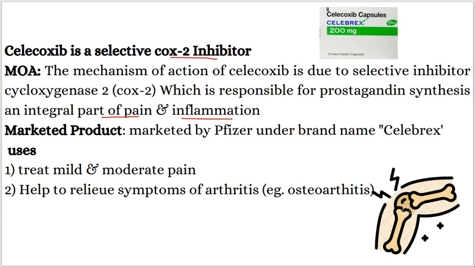It is marketed as Celebrex by the company Pfizer. Okay, it is used to treat mild and moderate pain. It is also used to relieve the symptoms of rheumatoid arthritis or osteoarthritis.